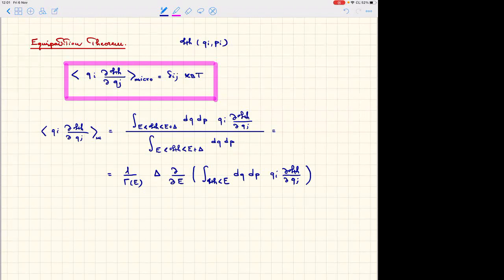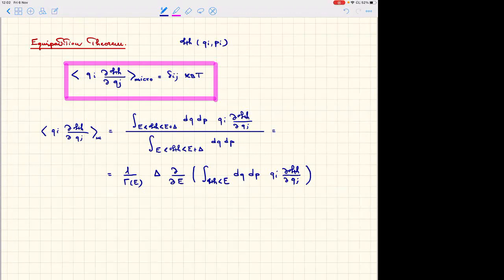If you're not convinced of this formula, think about the story I told you last time about the two shells, the calculation we have done about the two shells. If delta goes to 0, the integral over a shell can be seen as delta times the derivative with respect to the energy of the integral over the entire volume of the sphere.